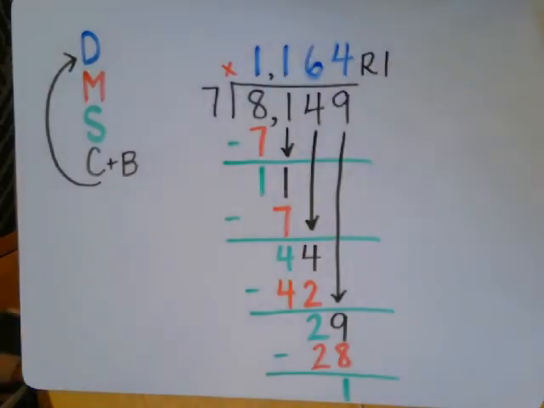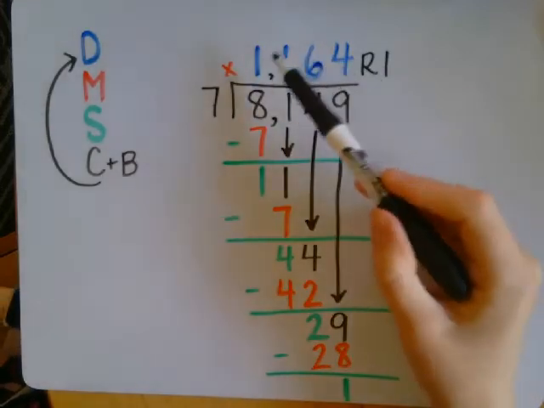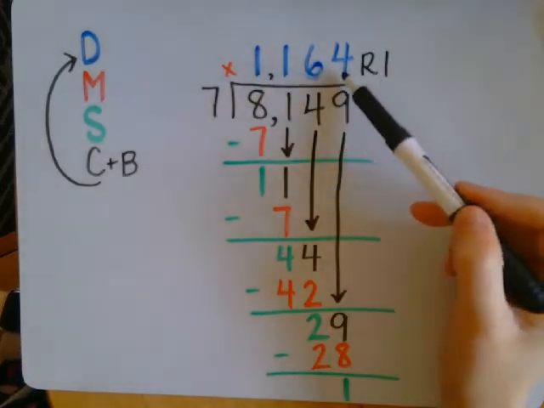In order to do that, I'm going to multiply 1,164 times 7.